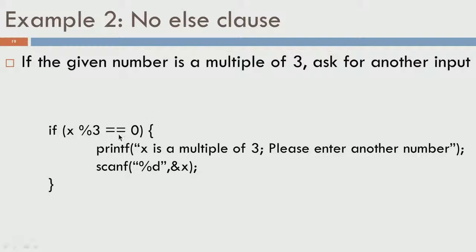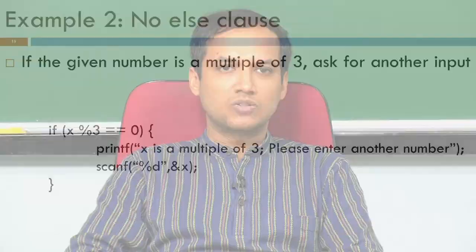So, if x % 3 == 0, then, the then block is between this brace and this brace. printf "x is a multiple of 3, please enter another number". You are prompting the user to enter another number. Since the user is expected to enter another number, you have to scan it, scanf("%d", &x).